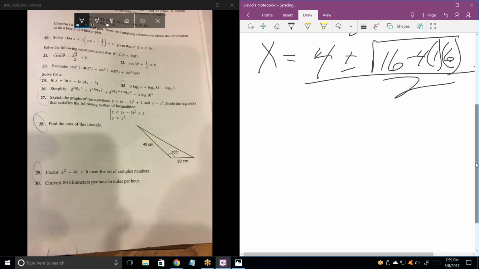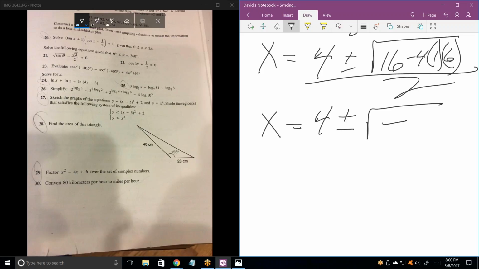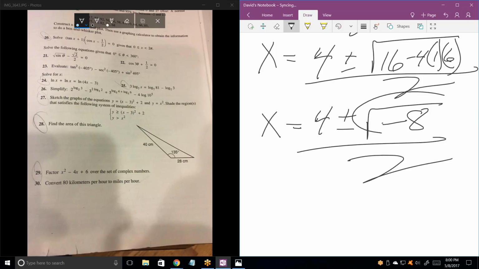Okay. They already gave us an idea that we may be having complex numbers because they've suggested that. So we're not surprised that we're taking the square root of a negative number. Simplify, what's the square root of negative 8 equal to?